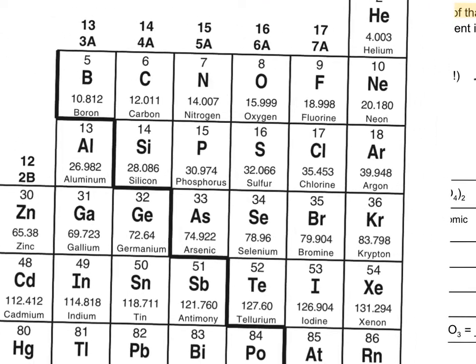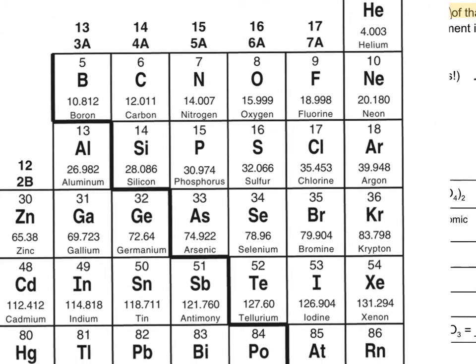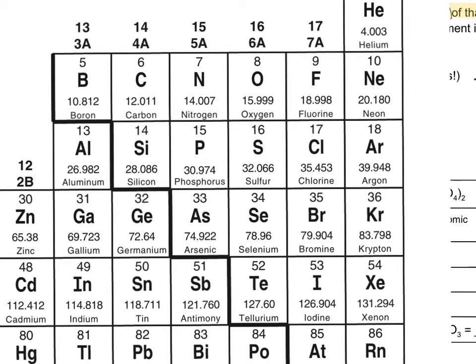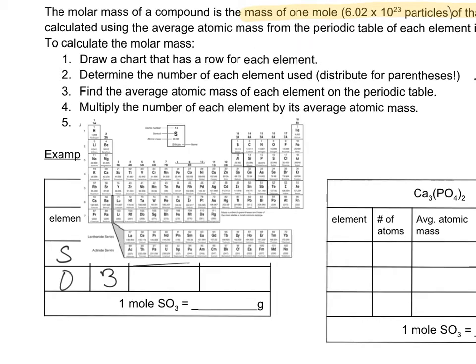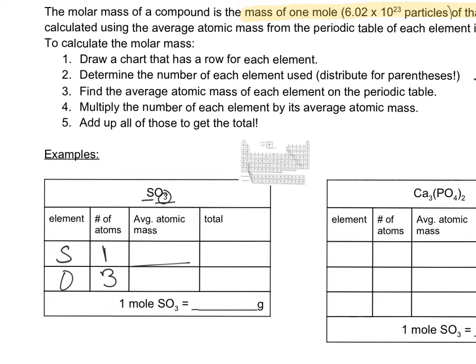Over here, sulfur has an average atomic mass of 32.066. So you'll write down that 32.066 for the average atomic mass of sulfur. And you should put grams with that because we're going to be talking about grams.